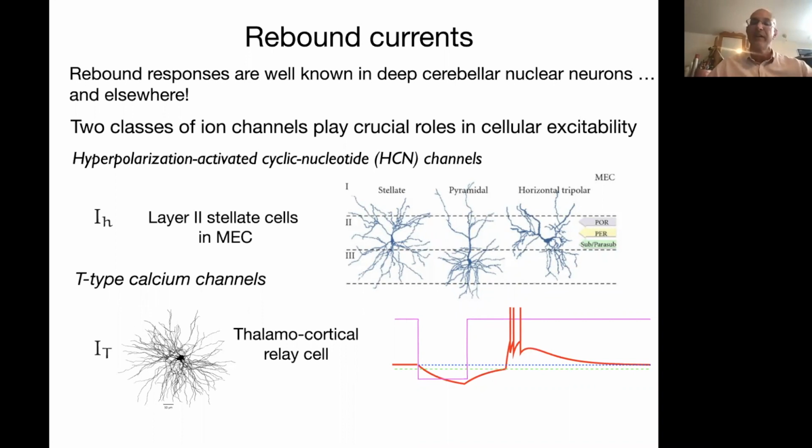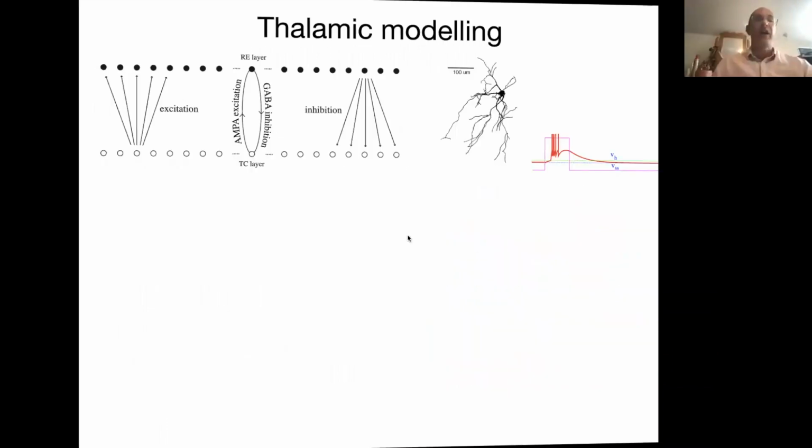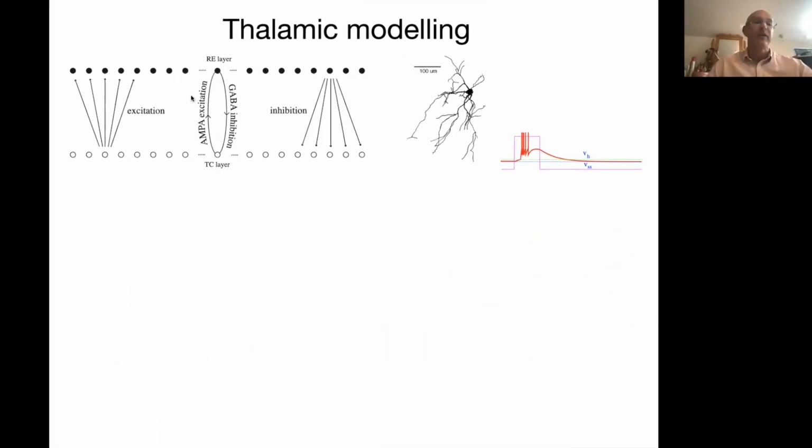I'm much more interested in the patterns that emerge at the network level than I am in the bursting patterns themselves. So why might we be interested in networks? Well, one very important network is the thalamus, the sensory gateway to the cortex.